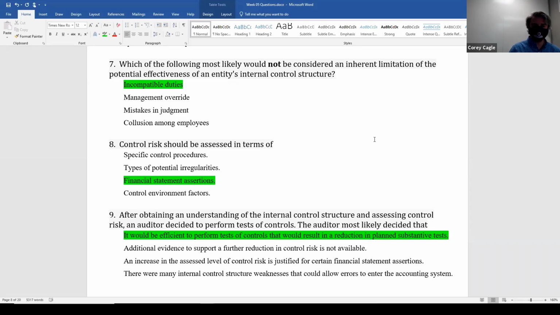Those are things that will render an internal control system less effective. Incompatible duties is not an inherent limitation. So these 3 are kind of classics. Make a note of that if you don't have it somewhere else.